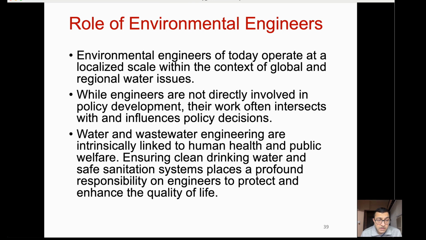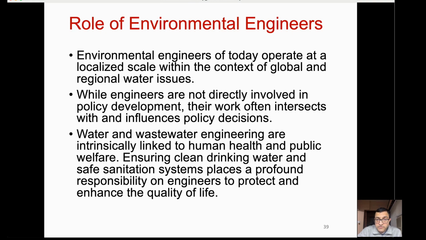So all the effort that we spend learning the engineering, the techniques, and the innovations behind our work is going to directly help the global population in one way or another. So with that, I'm going to stop for this lecture, and I'm looking forward to seeing you in the next lecture.